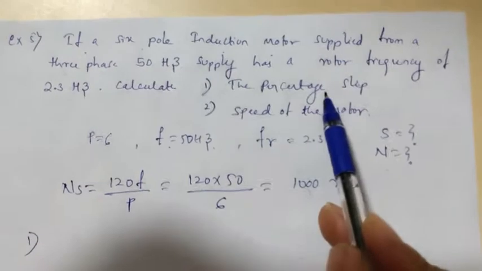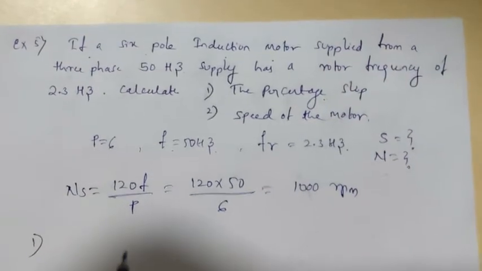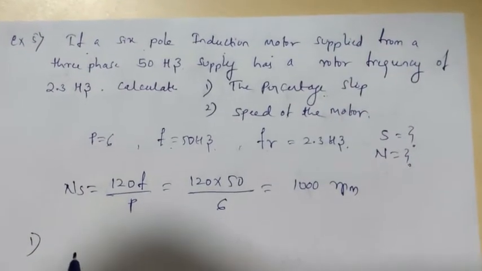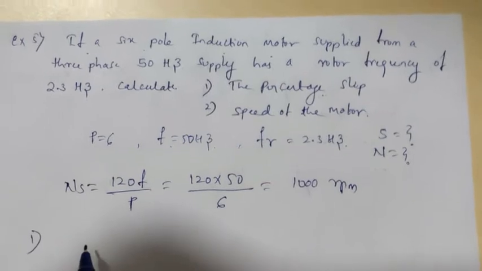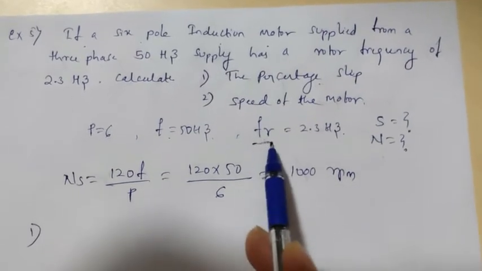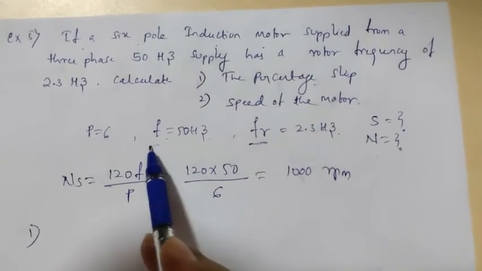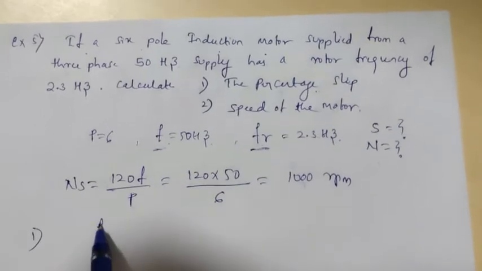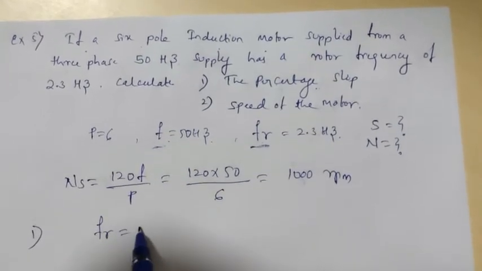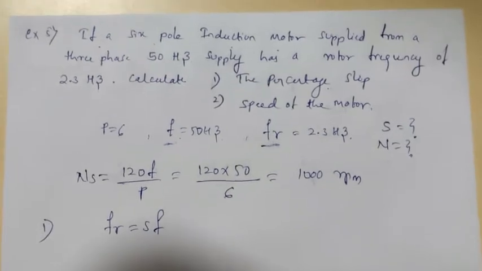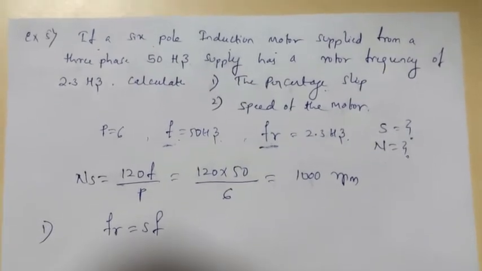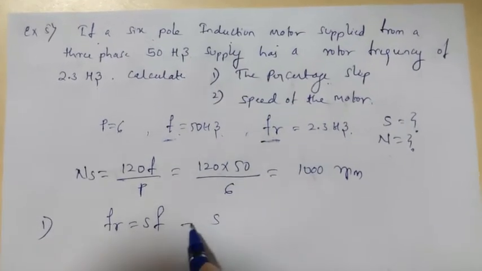And the percentage slip can be calculated with two formulas. S is equal to Ns minus N by Ns, that is one equation. Or whenever the rotor frequency and the supply frequency are given, you can go for FR is equal to SF. Now you can easily calculate from this equation.